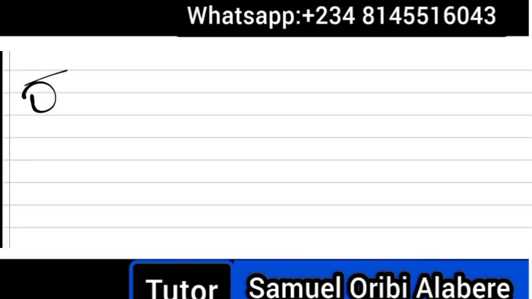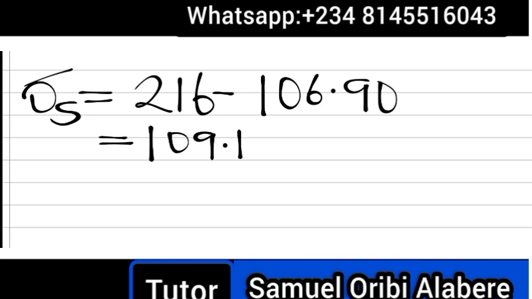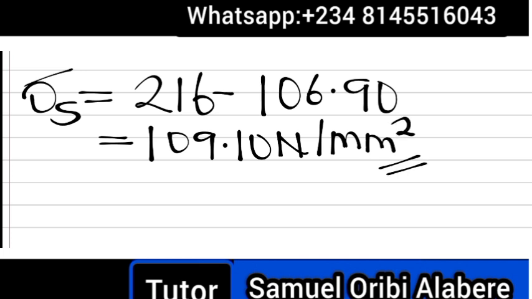Our final stress for the steel, when we substitute the values, will be equal to 216 minus 106.90, which is equal to 109.10 Newton per millimeter square. Here I forgot to write total.